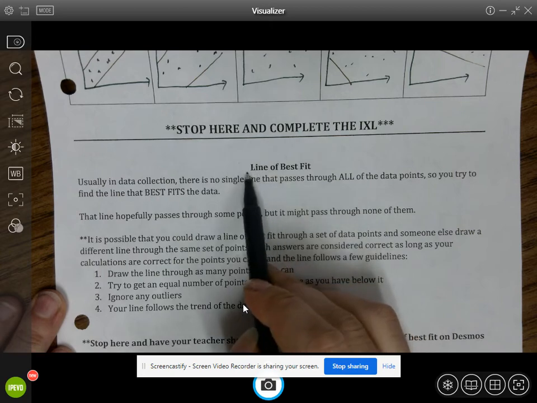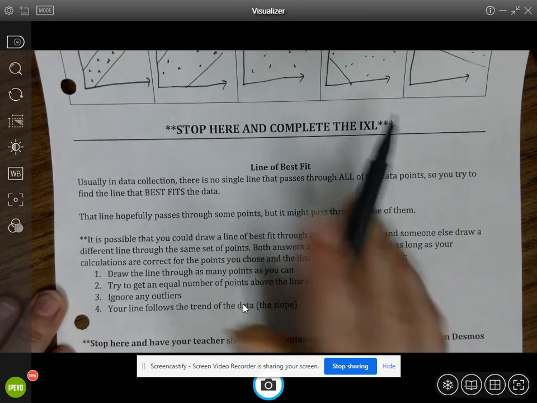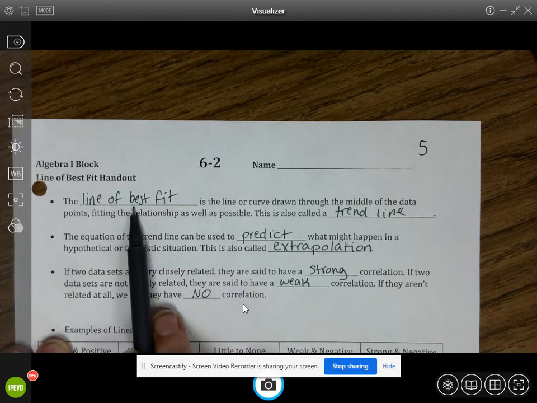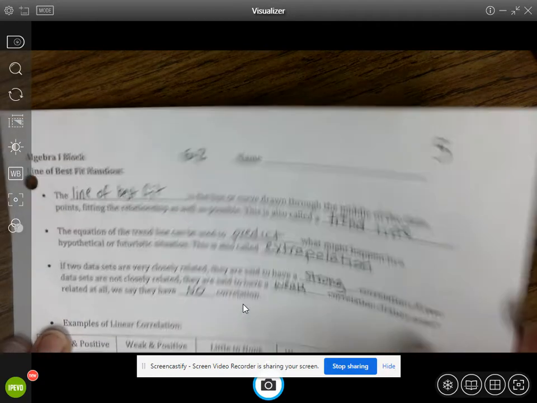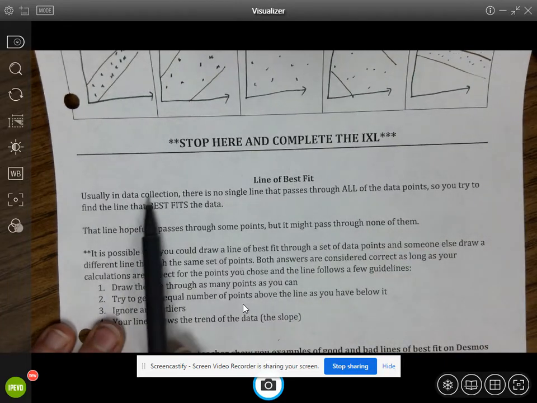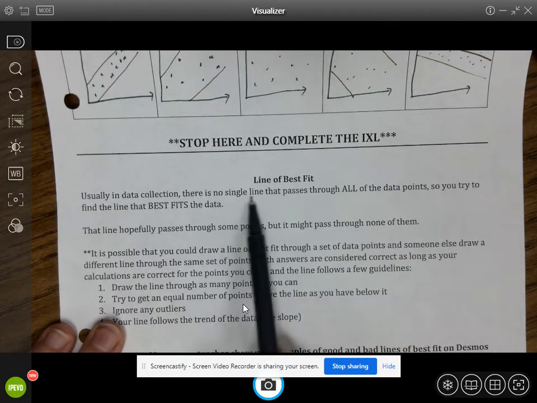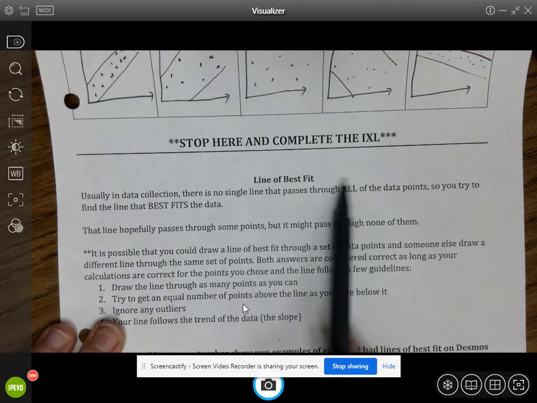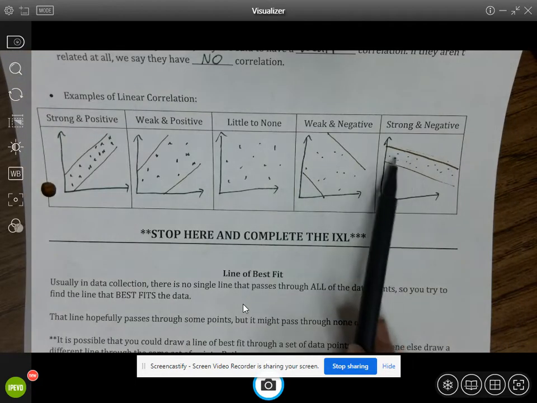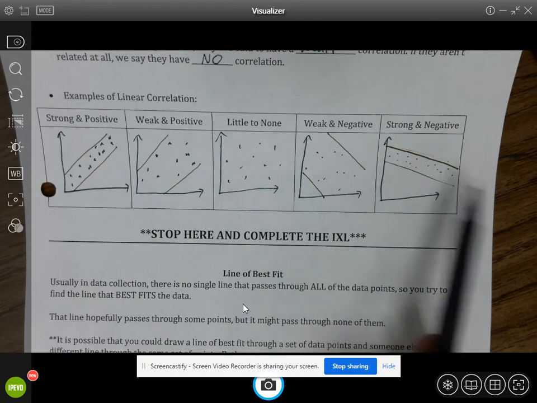So we're going to talk about line of best fit. Like I set up above, that is the line that best fits your data. So usually in data collection, there's not going to be a single line that passes through all of the data points. If these were all of my data points, there's not one line that goes through them.